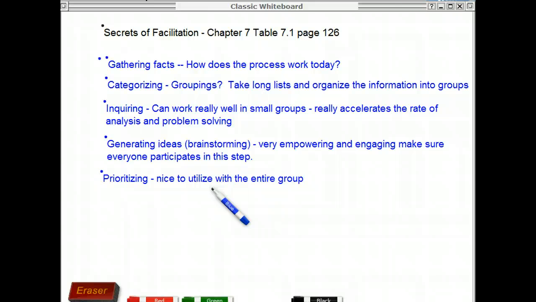Asking which of these solutions is best allows us to go after the solution which seems to hold the most promise first. Getting everyone's consensus on this particular item is a very powerful way of making sure that we have everyone's buy-in and add-in as to what we should go after first in order to make things better.